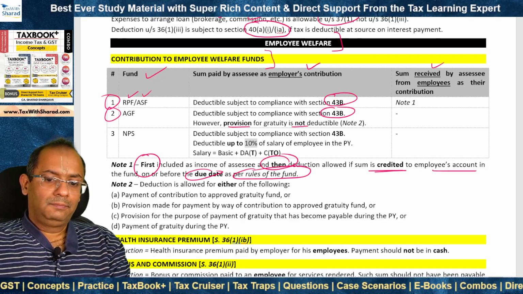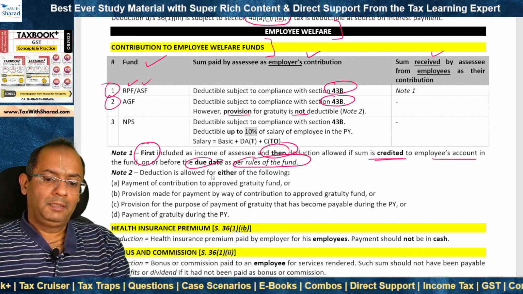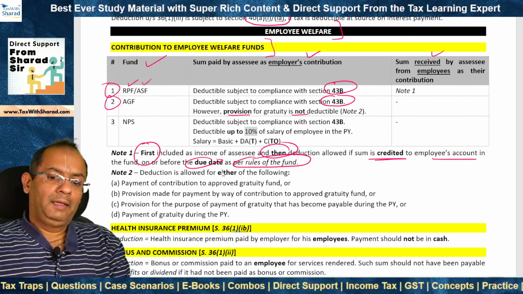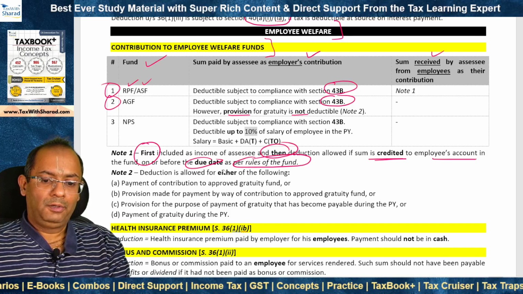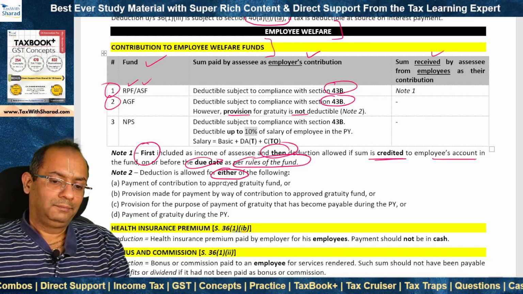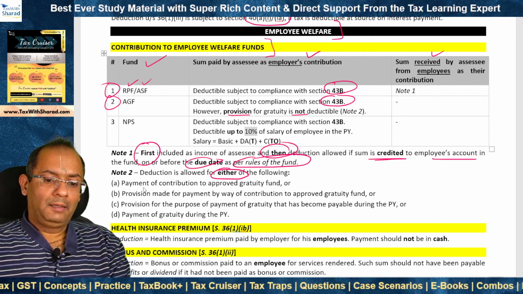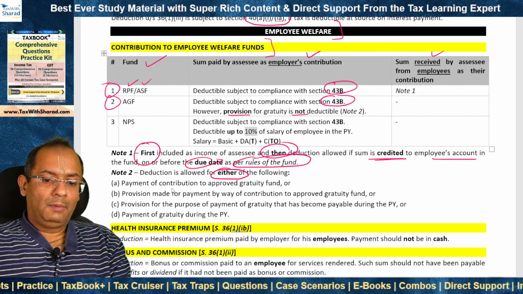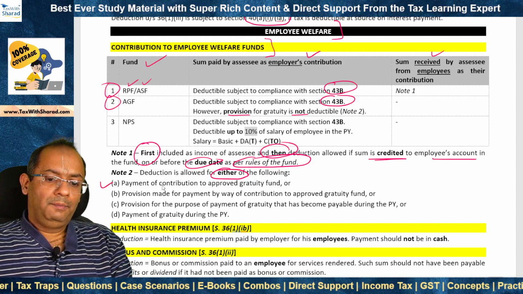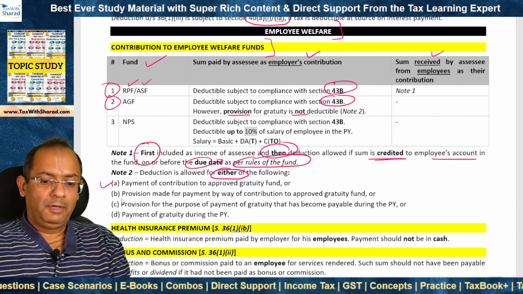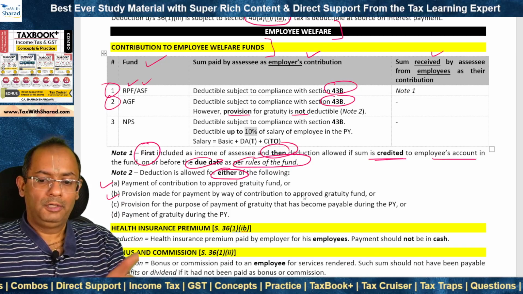Now there are certain provisions which apply in this respect, and on a consideration of all the provisions, the net effect is this: that deduction is allowed in respect of approved gratuity fund for either of the following: A, B, C or D. Deduction is allowed either for payment of contribution to approved gratuity fund or provision made for such payment, that is for contribution to approved gratuity fund.